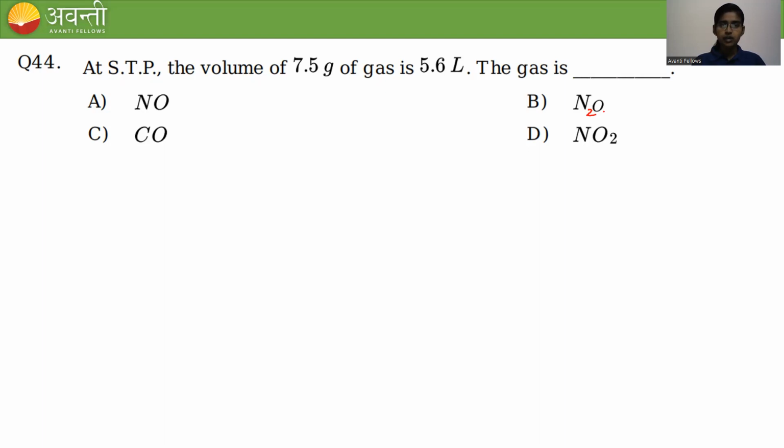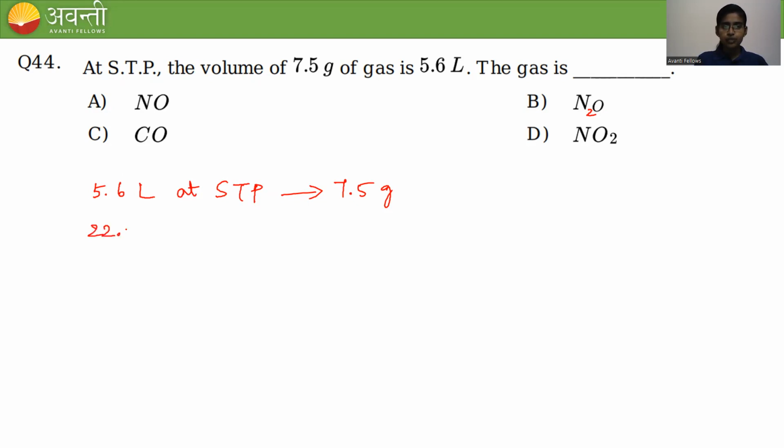So we have to find out the gas from the given volume and the mass of the gas present. 5.6 liter at standard temperature and pressure contains 7.5 gram of the gas. Now, what is the molar volume?